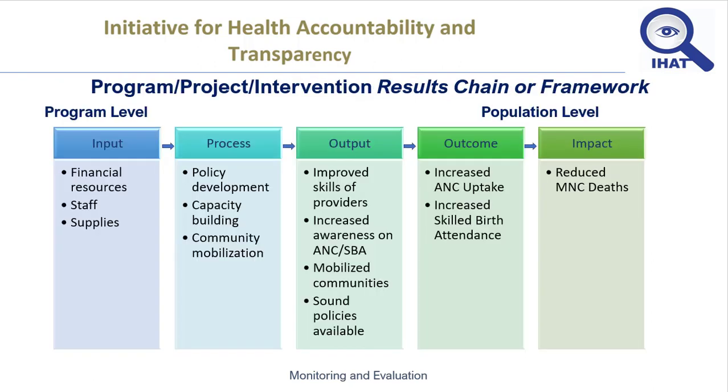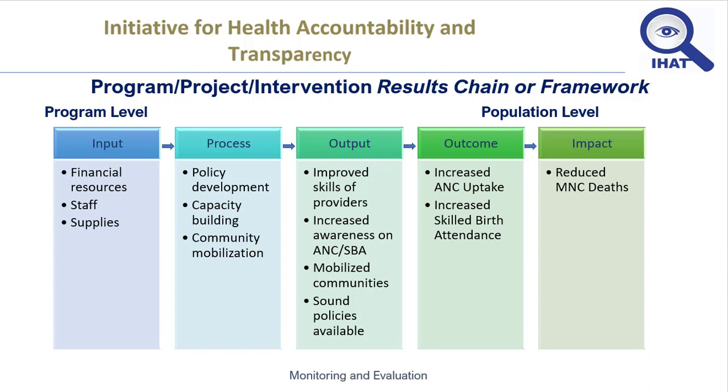Let us see how we link all these terms that we have just described in a results chain or framework, which begins from input to process to output to outcome and impact. The examples are listed here: financial resources, staff, and supplies in the domain of input; policy development, capacity building, community mobilization in the domain of process.